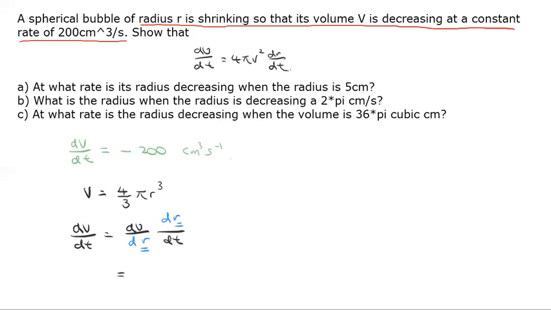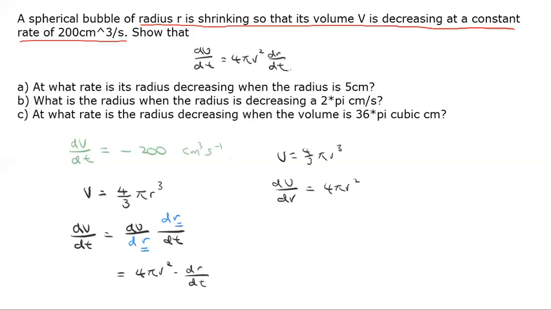So basically just think of r as the x and then derive it. We know v equals 4/3 pi r cubed. So what's dv dr? 4 pi r squared. Right. And dr dt just stays. And that's it. Are you clear on that? That's basically all this is.